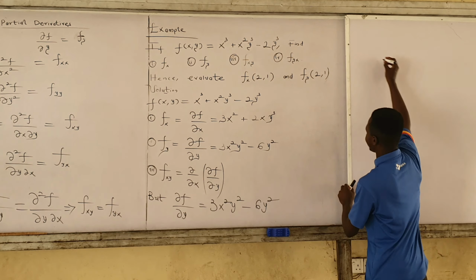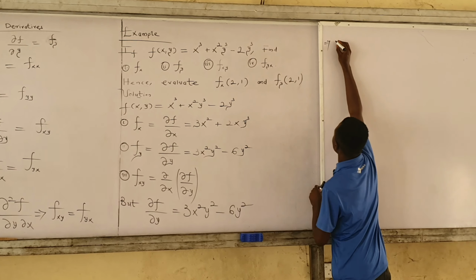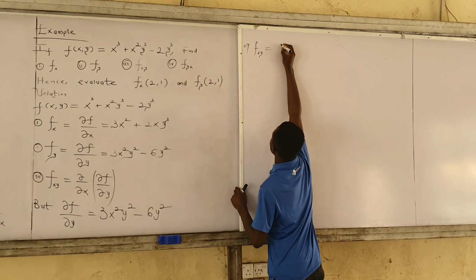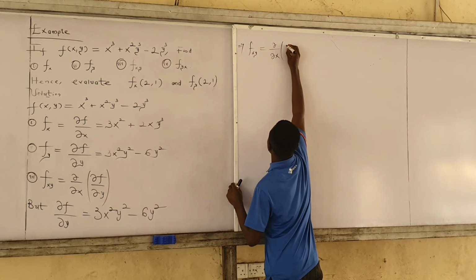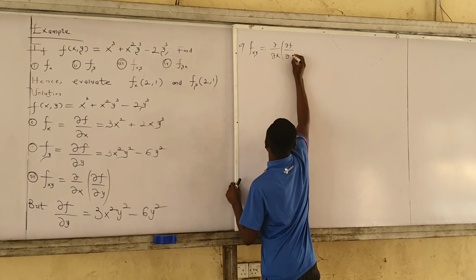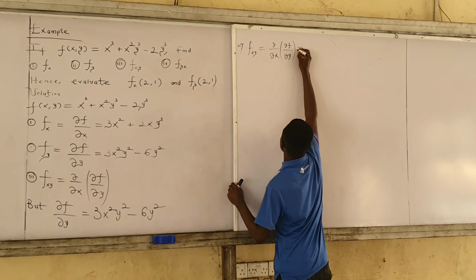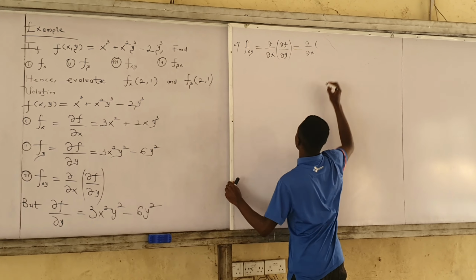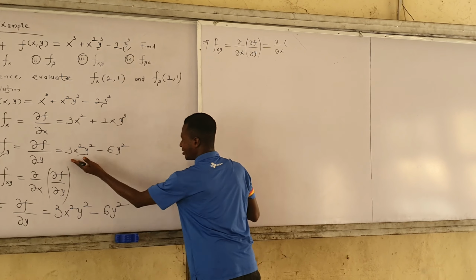So this should imply that f subscript xy, which is equal to the partial x of the partial f partial y, is given by this result.